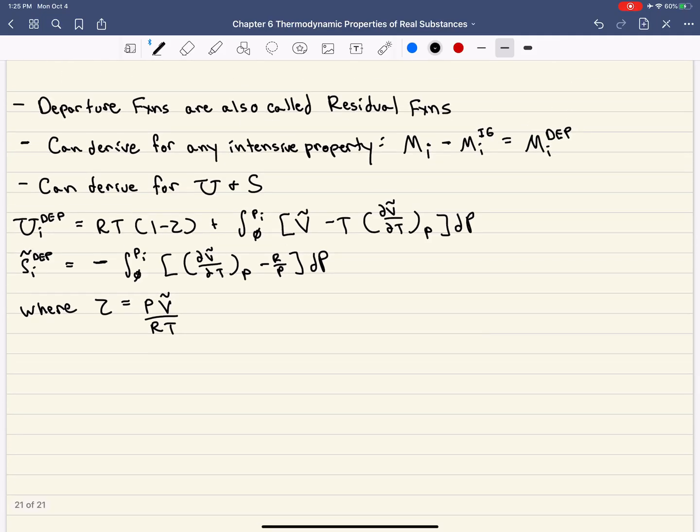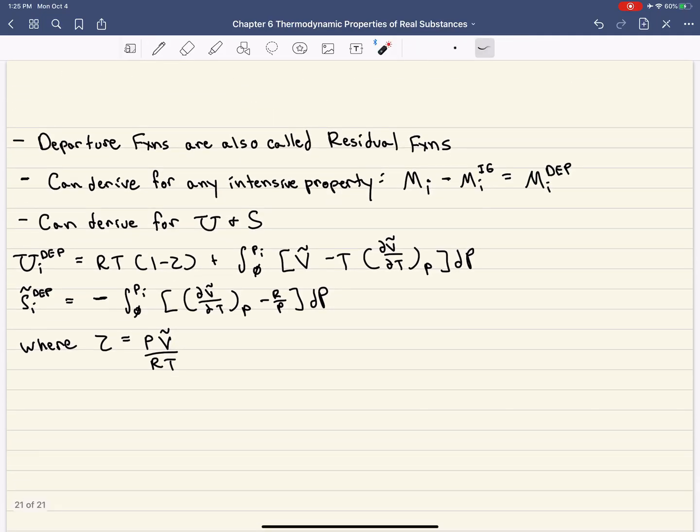All right, and so the departure functions that I wrote out here, and wrote for enthalpy, are all taking the integral with respect to pressure, and the derivative that you would take on the inside is volume with respect to temperature. This form is fine to use if you're using an equation of state where you could rearrange for volume explicitly, so that volume is equal to stuff on the right-hand side.